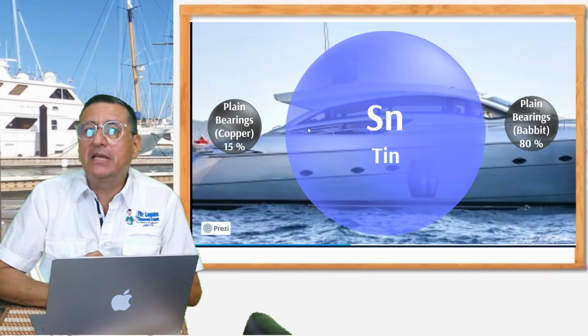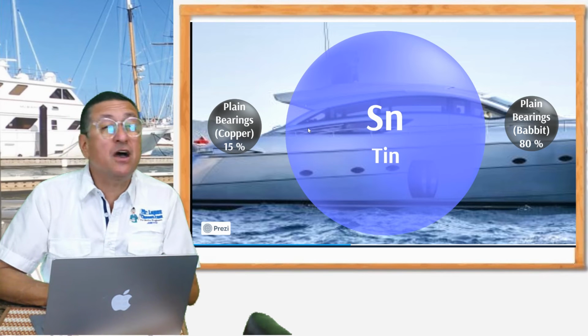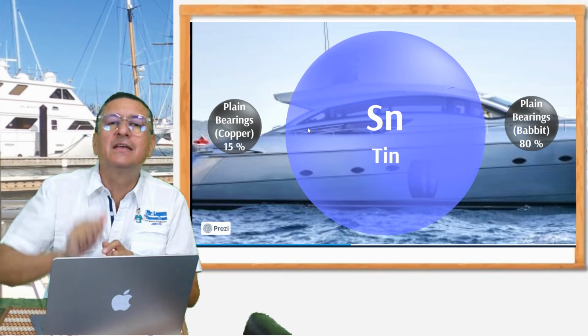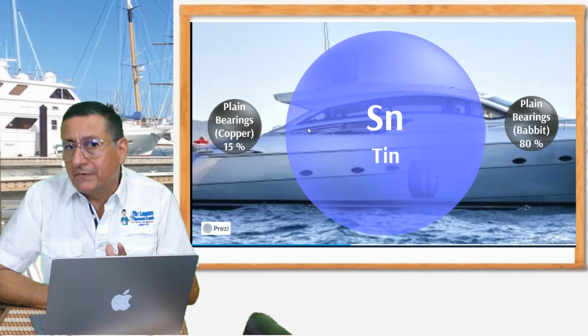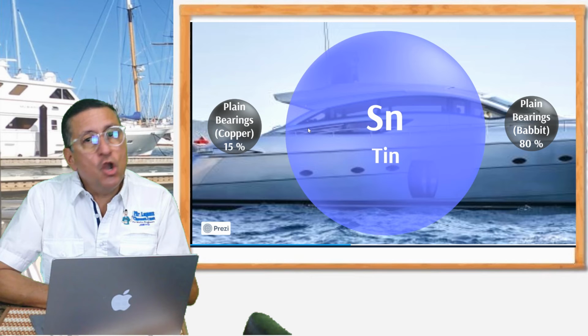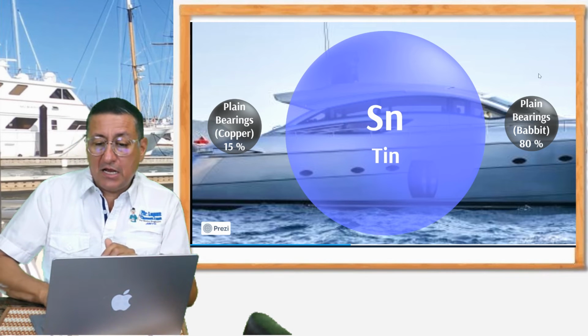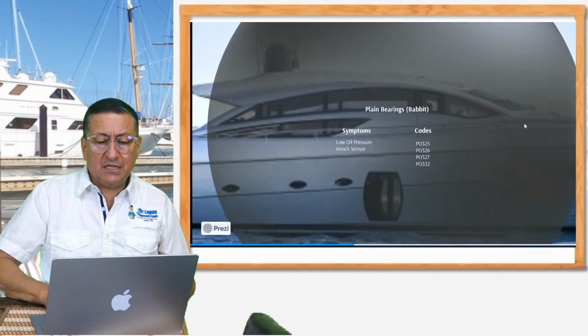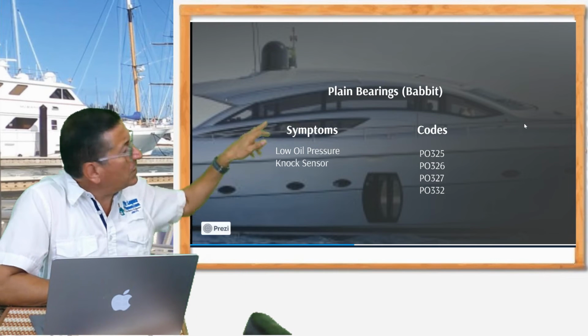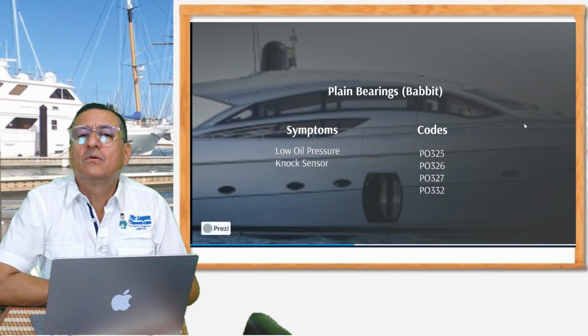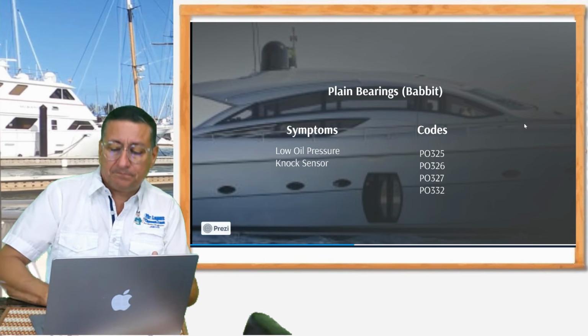And also you have probably activated the knock sensor because there is too much play. Yes, that sensor is activated. Knock sensor activated, low oil pressure. Let me check what happened in that case. Yes, low oil pressure, knock sensor activated. Those are the codes related to when you have a problem with the bearings.